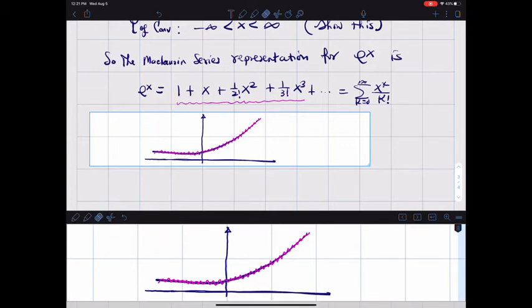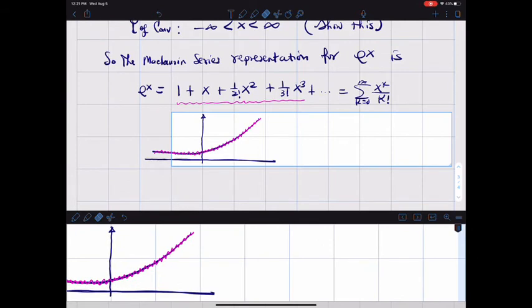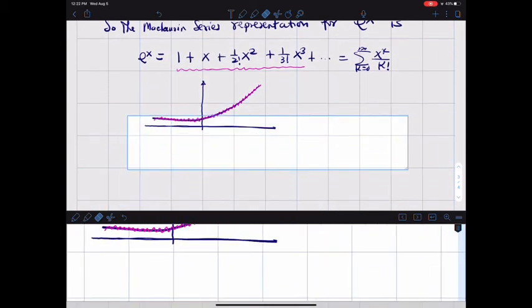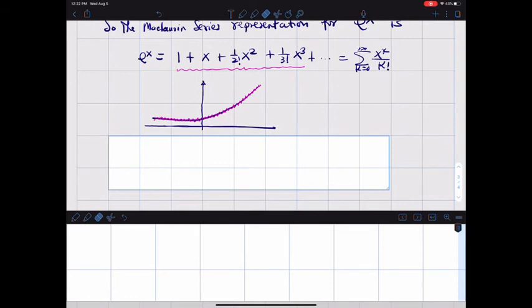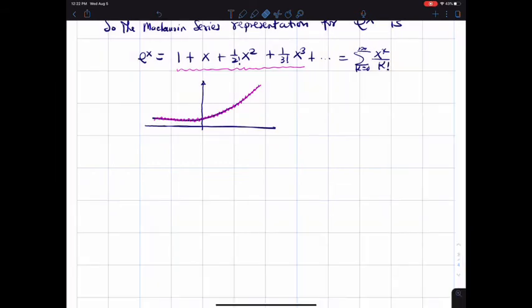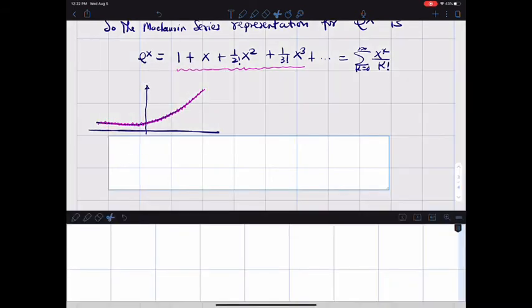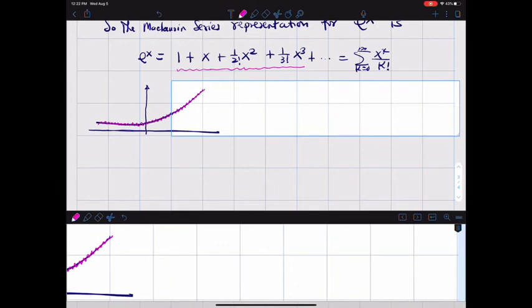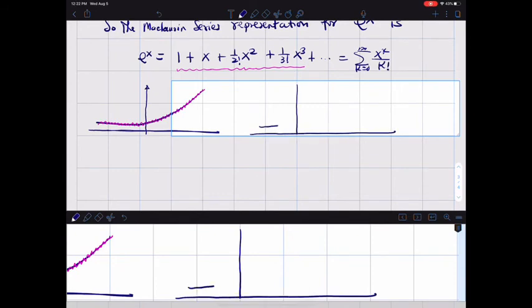But in practice, we can't sum up to infinity. So let's assume we are just summing a few terms. I'm going to move this around, put this here. So we have e to the x.